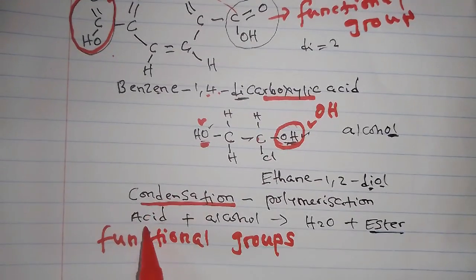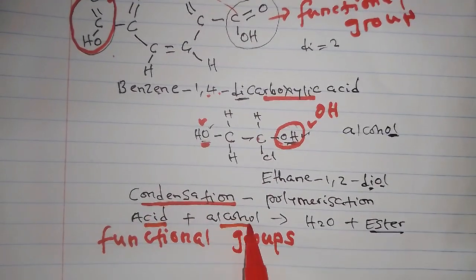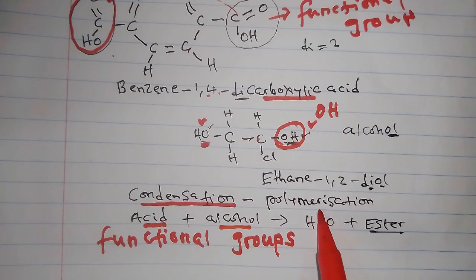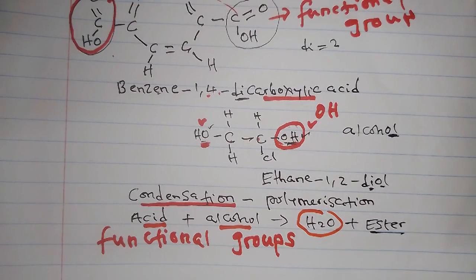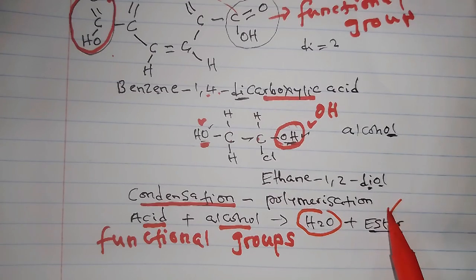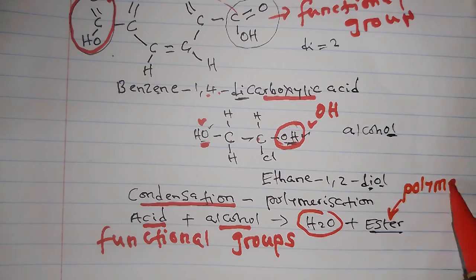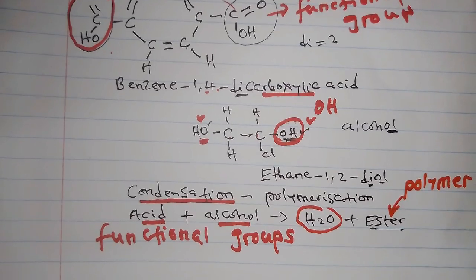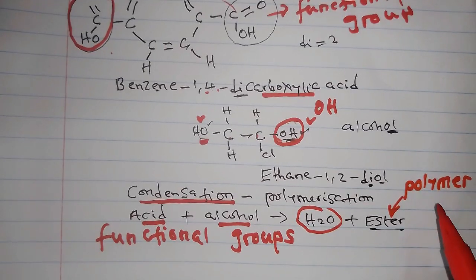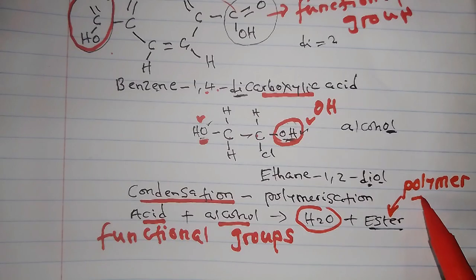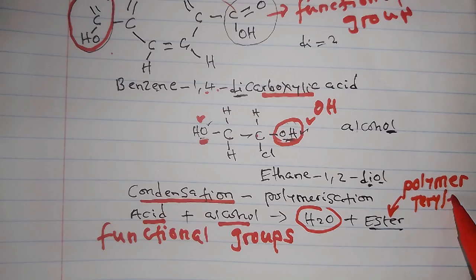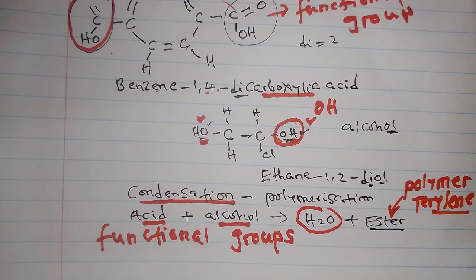Now, when an organic acid reacts with an alcohol, what you get is H2O as well as an ester. This ester is the polymer that we are going to get, and this polymer is normally what we call terylene.